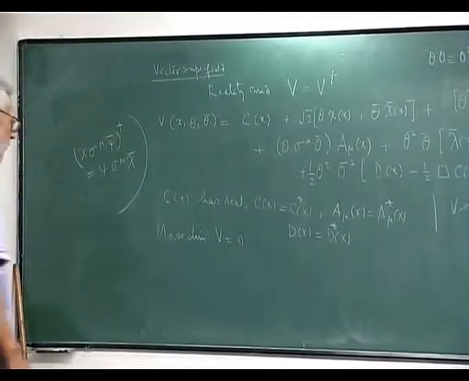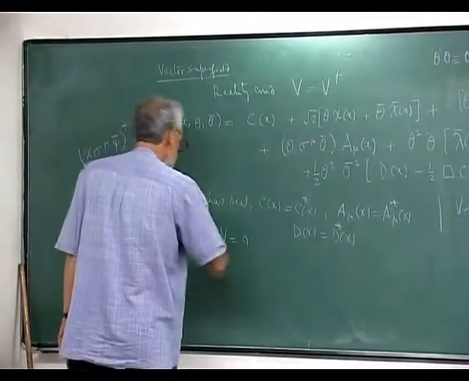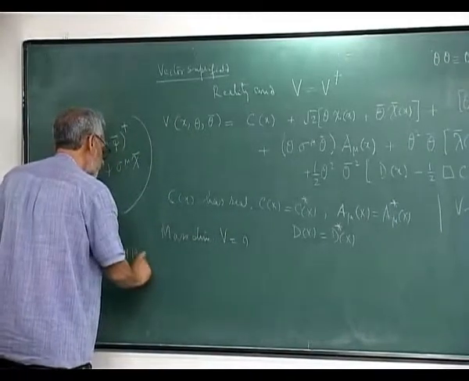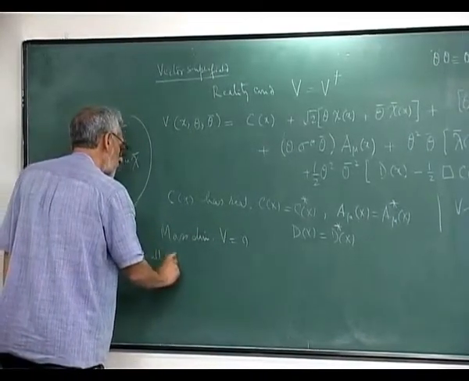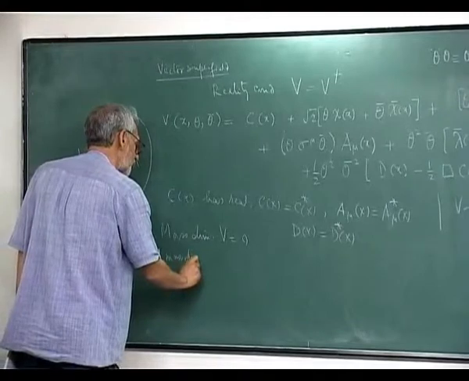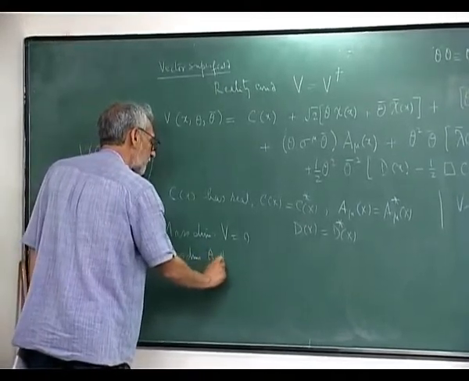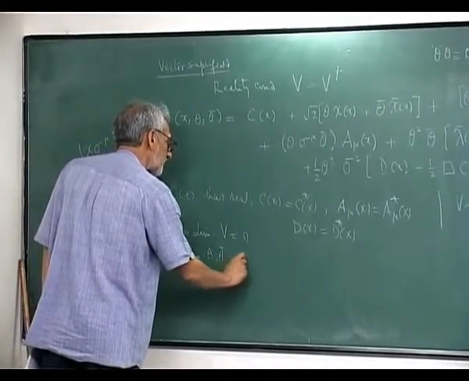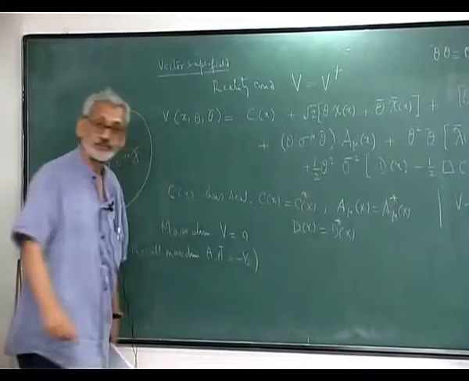And if we choose the mass dimension of V to be 0, recall that the mass dimension of theta and theta bar, both of them, was -1/2.